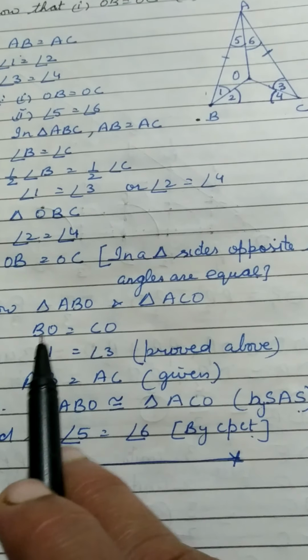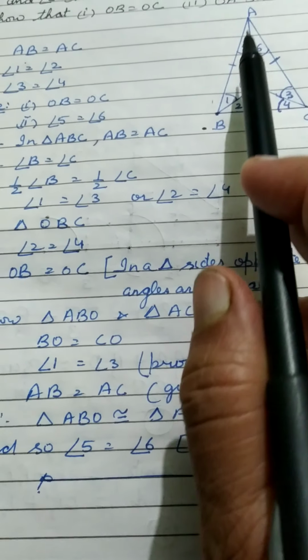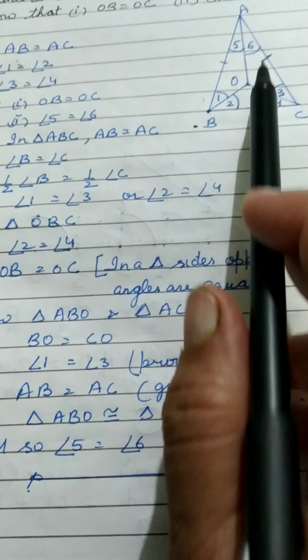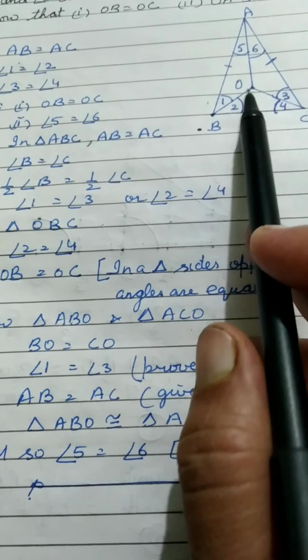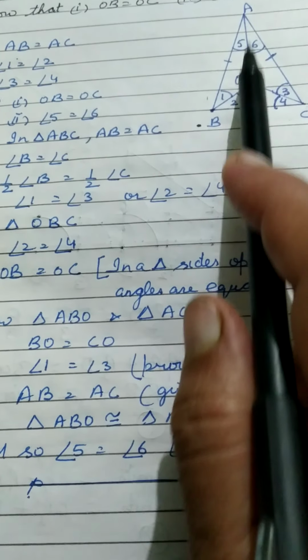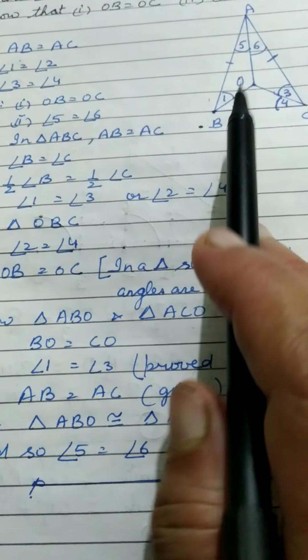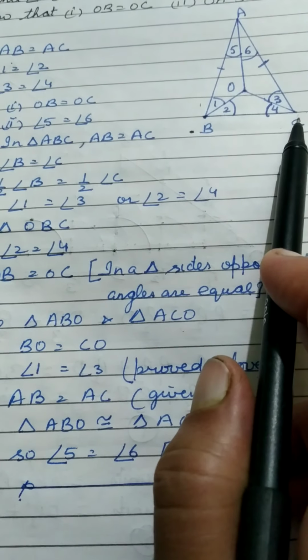Now in triangle ABO and triangle ACO, in these two triangles, we have BO is equal to OC, that we have proved just now, and OA is equal to OA, it is common, and AB is equal to AC, it is given.